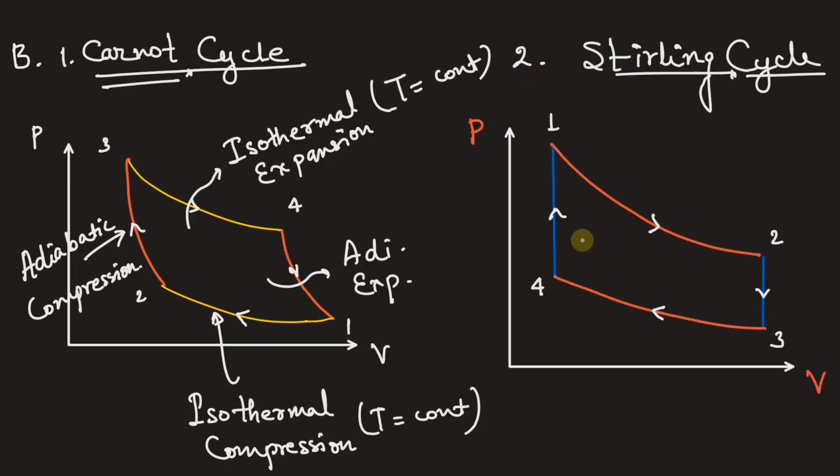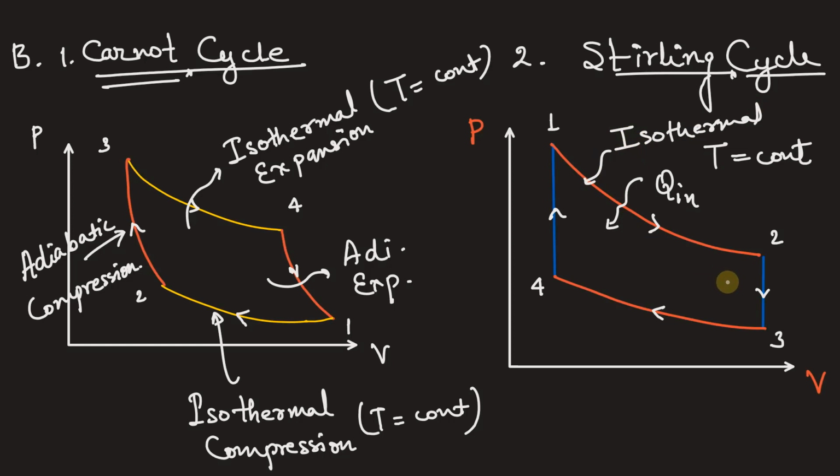A Stirling cycle engine is a closed cycle regenerative heat engine. In process 1 to 2, heat is added to the system at constant temperature. So temperature remains constant, so this is an isothermal curve. Process 1 to 2 is isothermal.